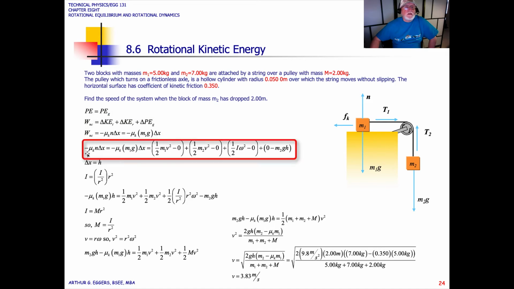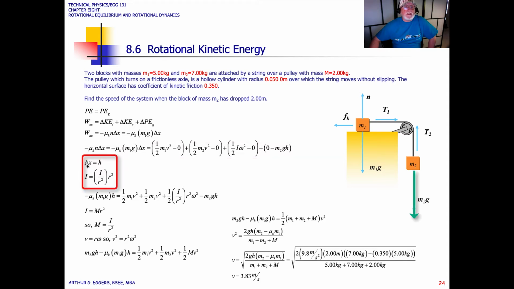So moving forward then, mu k n delta x will equal mu k mass 1 gravity delta x, which is equal to 1/2 mv squared, where we're talking about mass 1, plus 1/2 mv squared mass 2 minus 0, in both cases minus 0, and 1/2 I omega squared minus 0 plus 0 minus mass gravity height. Okay, so we've brought in all of our initials in, and what we have left is our finals.